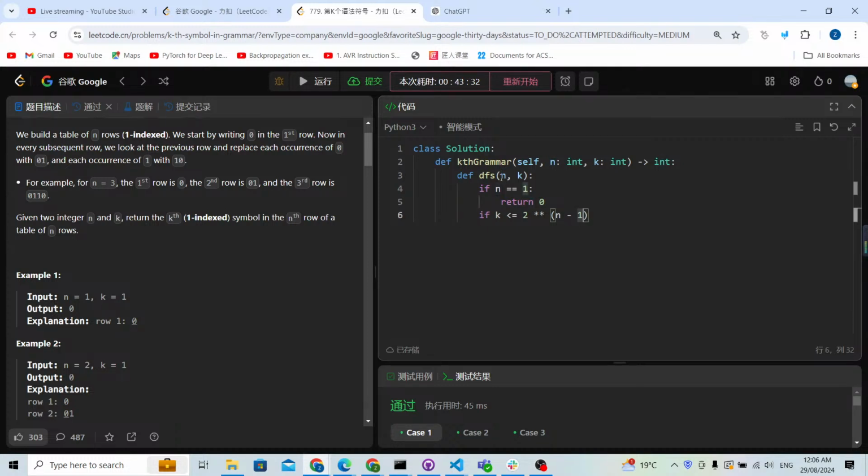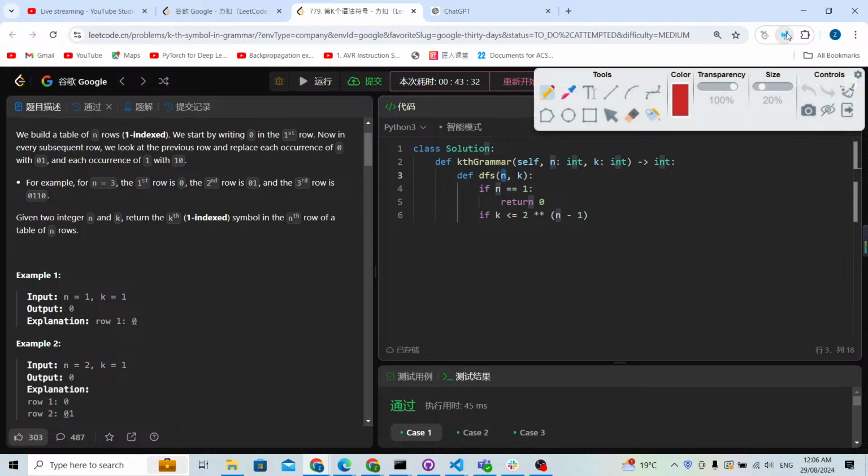If n equals 3, for example, 2 to the power of n minus 1 gonna be equal to 4. If n equals 3, basically this means 0, 0, 1, 0, 1, 1, 0. This is for n equal to 3.